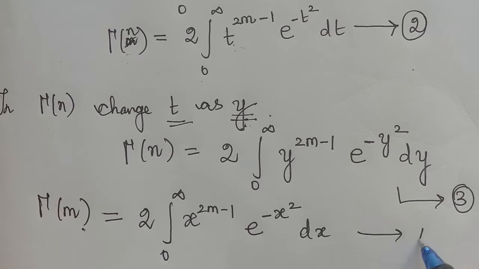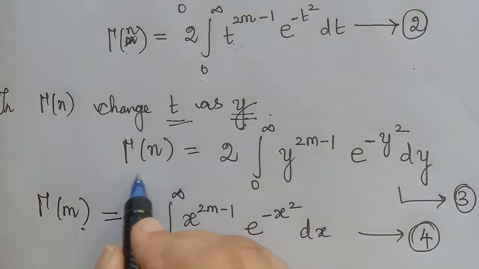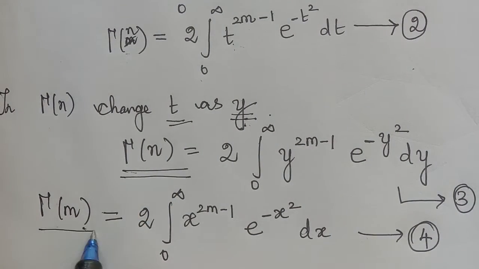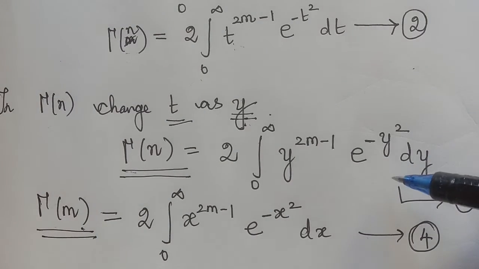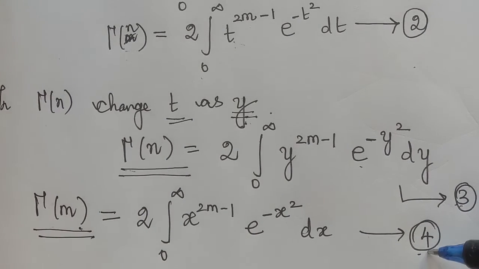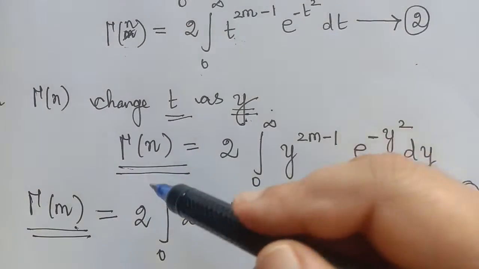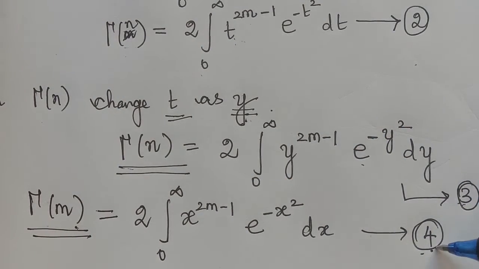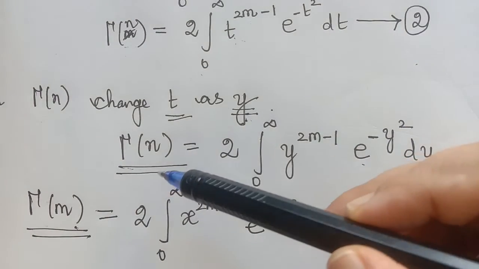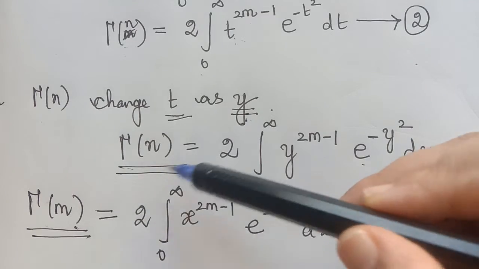So this is equation 4. So now we have obtained gamma of n and gamma of m, and we have marked it as equation 3 and 4. Now further what we will do, we will multiply equation 3 and equation 4 and obtain gamma of m multiplied with gamma of n.